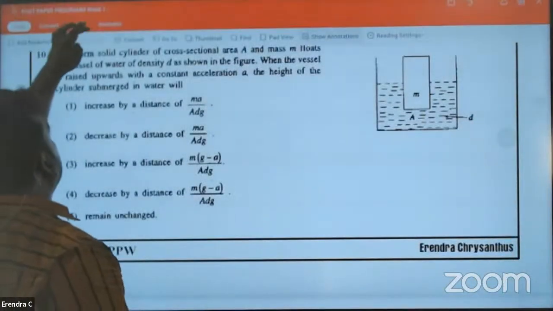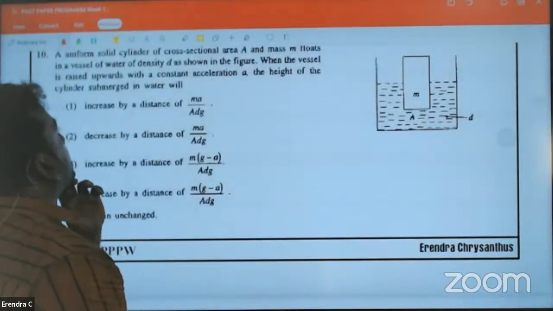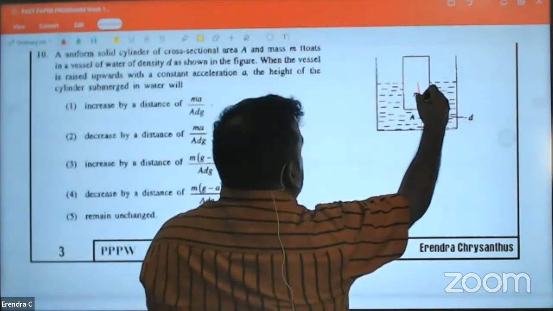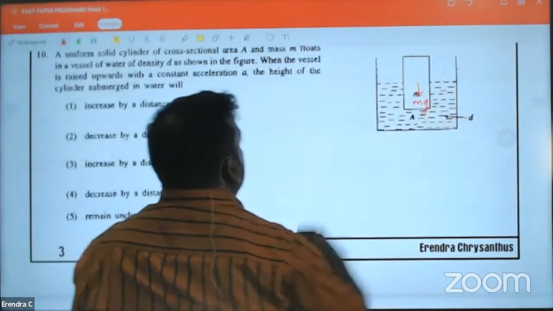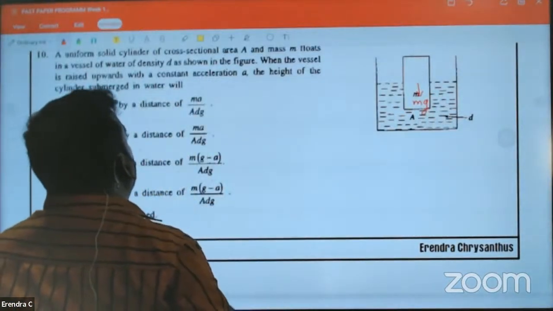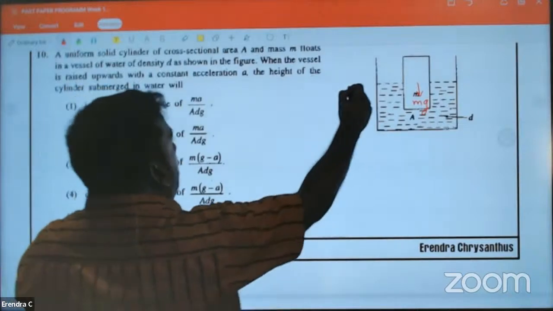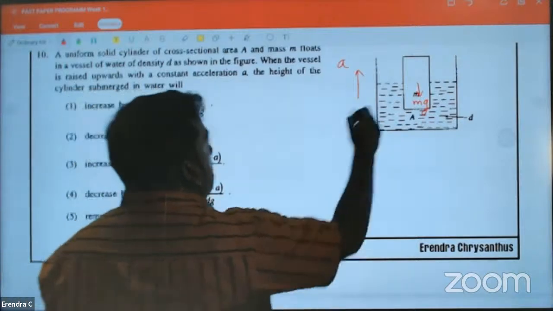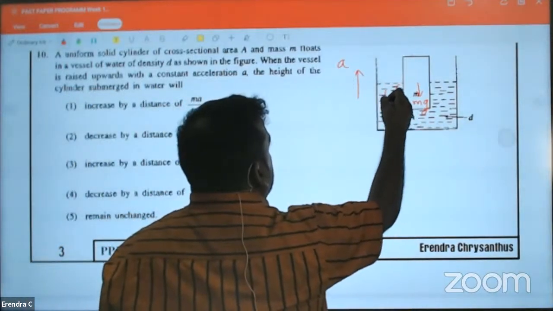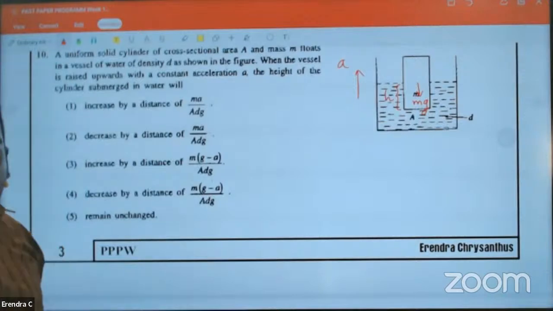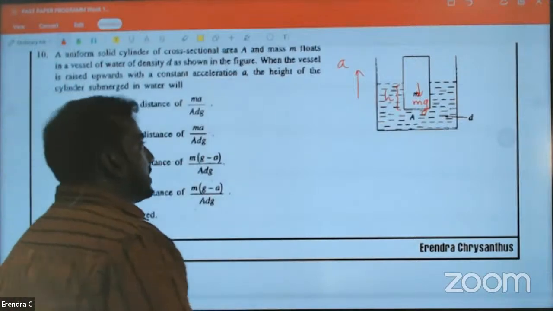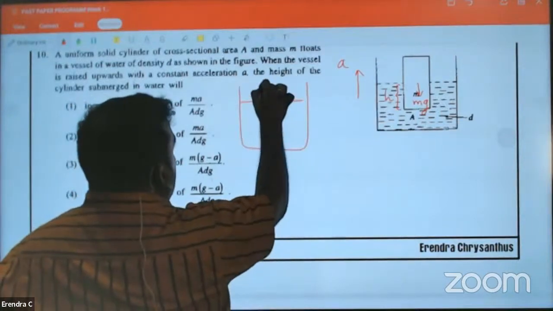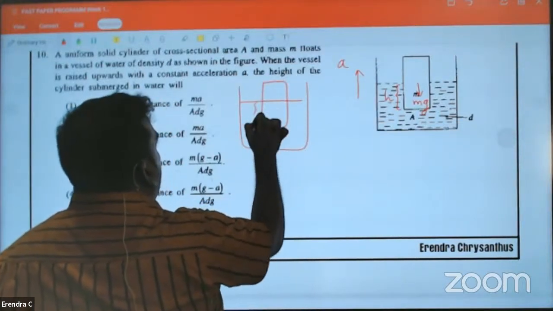This one: a uniform solid cylinder of cross-sectional area A and mass M. Let's mark the forces. mg is there. When the vessel is raised up with constant acceleration, the height of the submerged section is h. First, keep the beaker floating in water at rest.